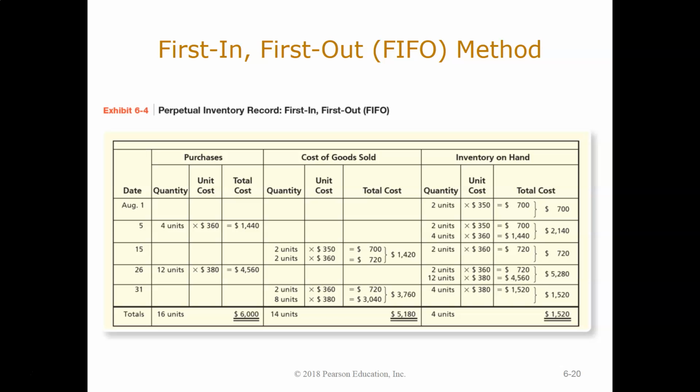People bought them. The only thing remaining that is still available for sale is 4 units at $380. Okay, so my ending inventory is, as calculated in your last date here, $1,520, and my cost of goods sold is the sum of each purchased item, for $5,180.